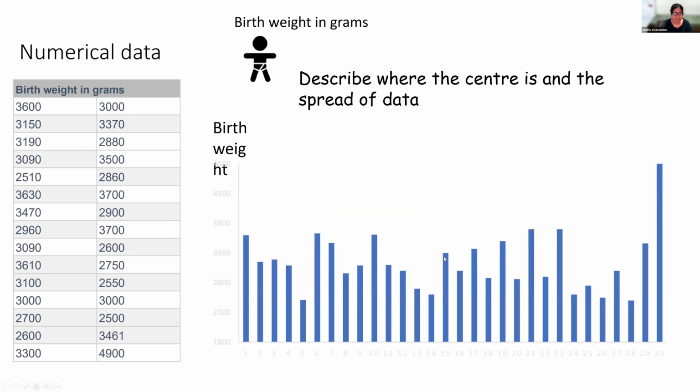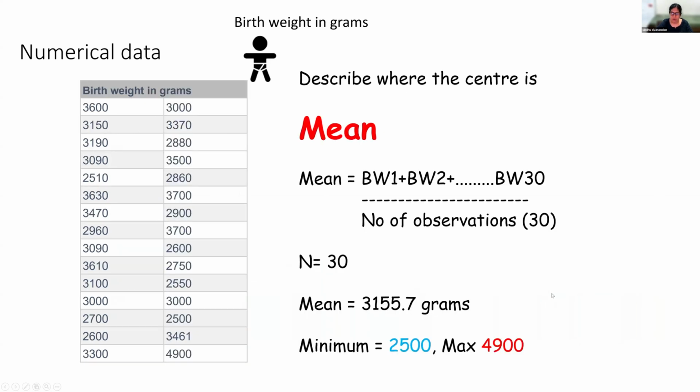For example, we have 30 babies and we want to express the weight of these 30 babies. This is in the form of a table, and here it is in the form of a bar diagram. How do we express it? We have to express where the center is and then the dispersion. We can calculate the mean: all the values added together divided by the number of observations, which is 30 babies.